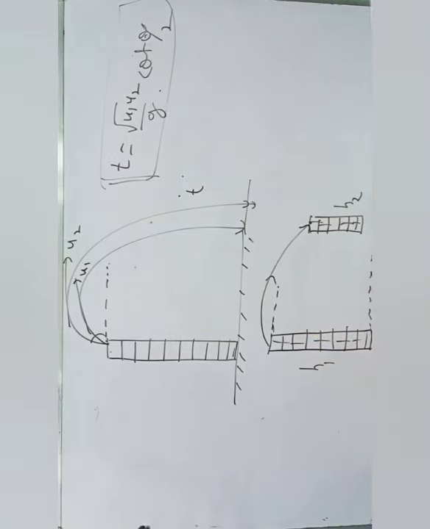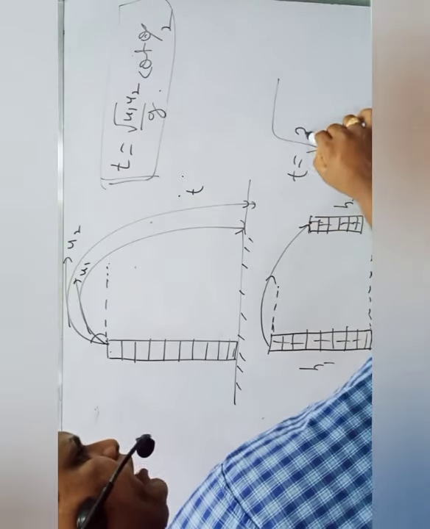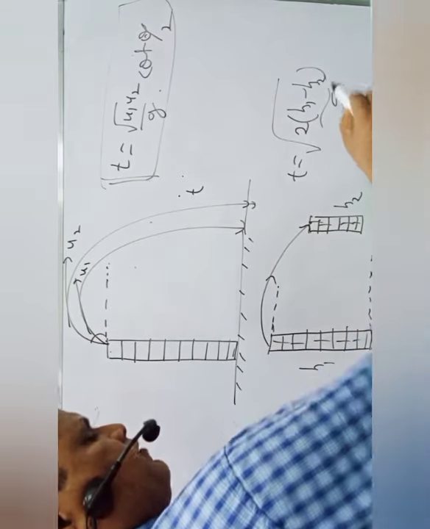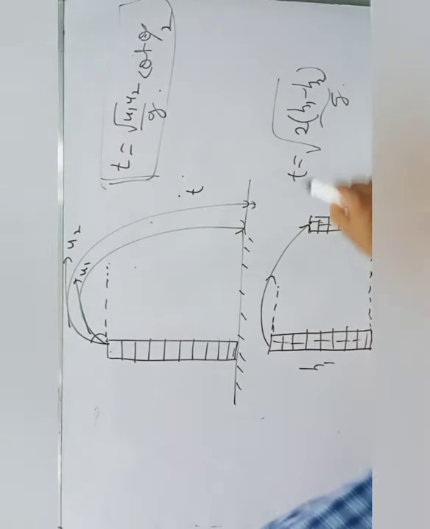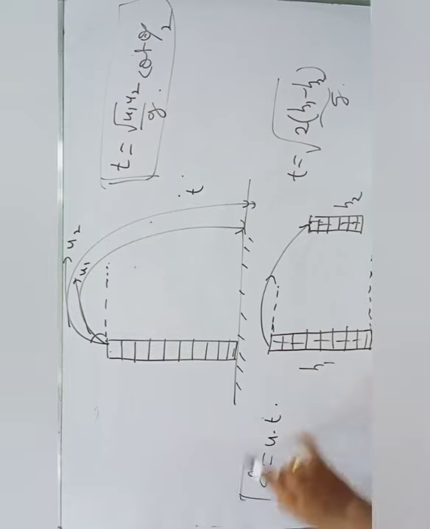Therefore the time taken by the projectile can be written as root over 2 into h1 minus h2 by g, and the distance between the two towers is d is equal to u into t.